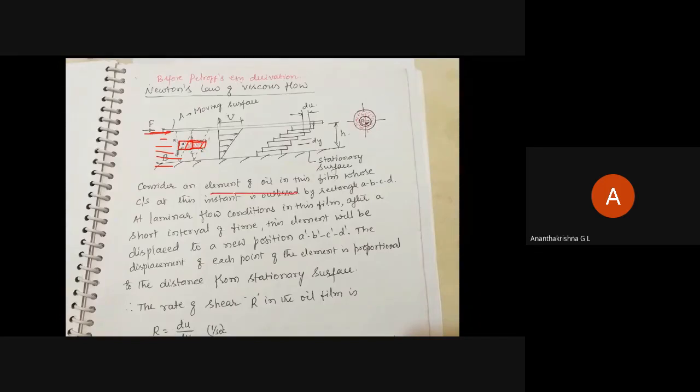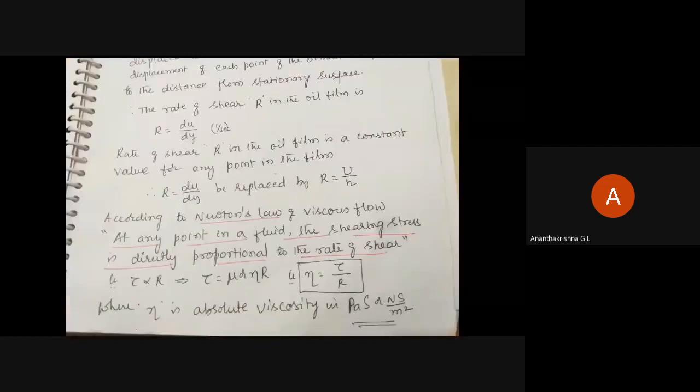Consider an element of oil in the film, in the form of a rectangle, that gets changed to A dash, B dash, C dash, D dash. The rate of shear in the oil film is given by du by dy.